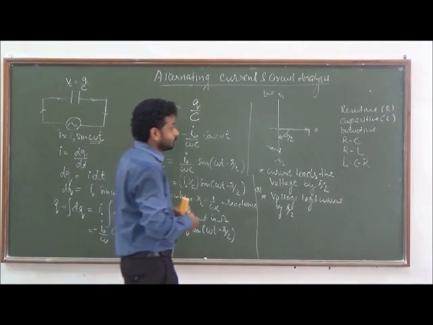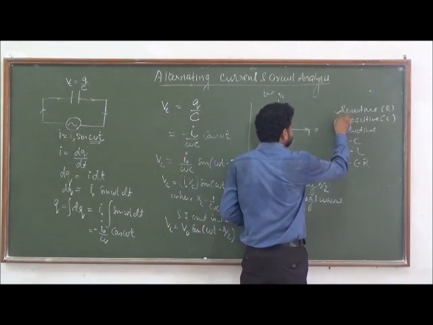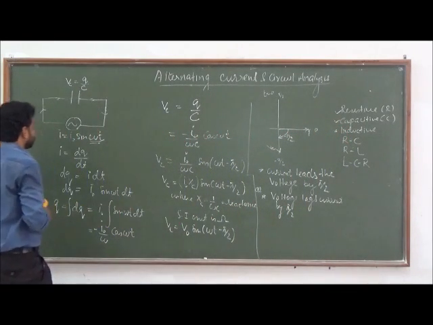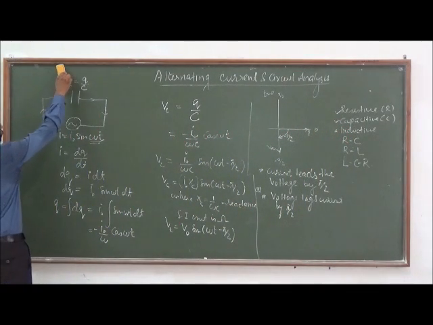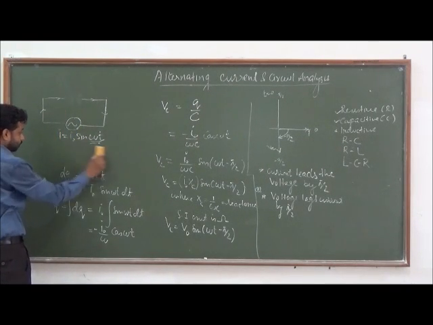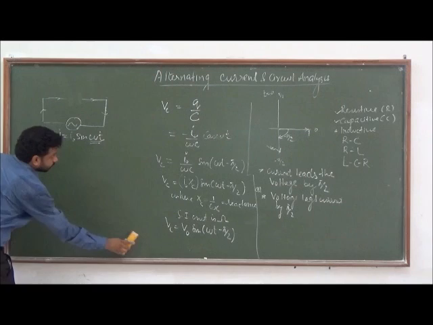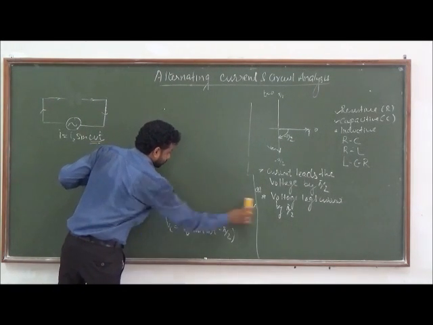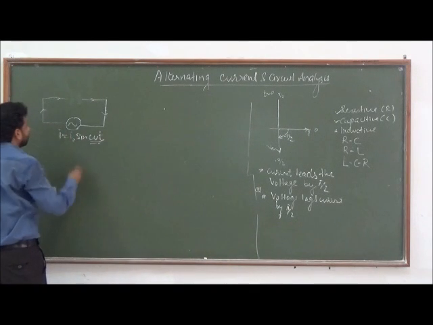Now let us try to see what happens in an inductive circuit. So we are going to start with the inductive circuit now. We are going to replace the capacitor now with an inductor.